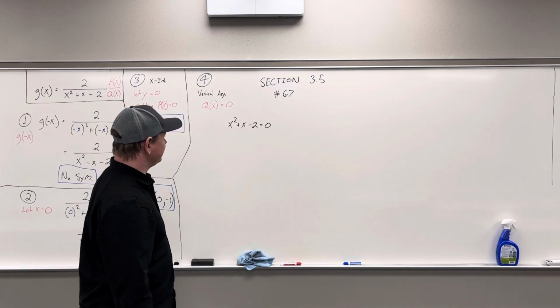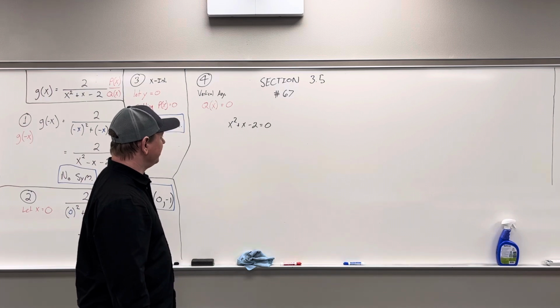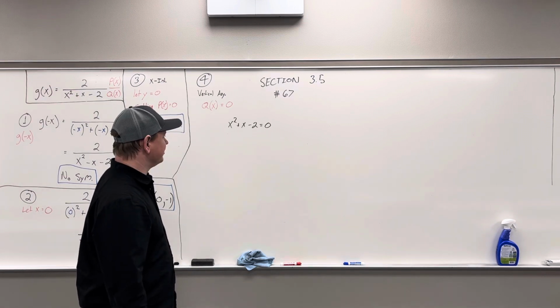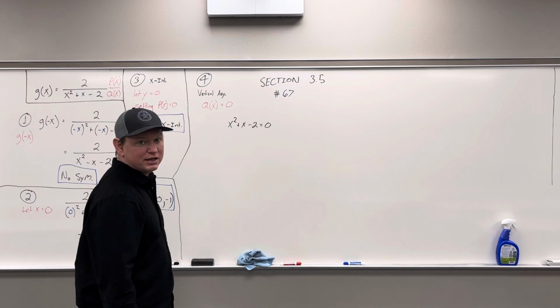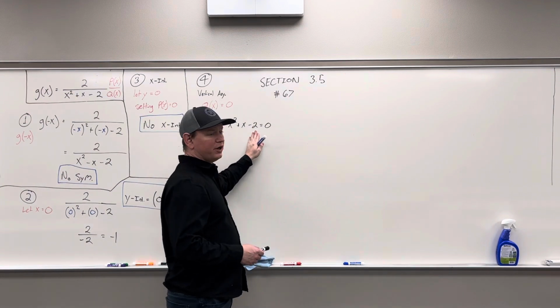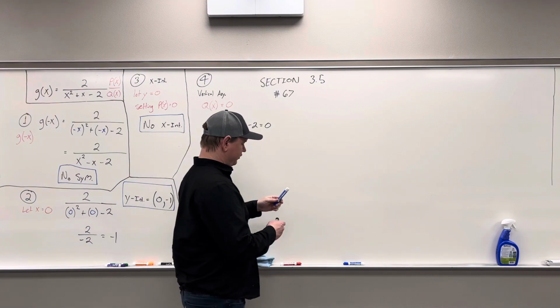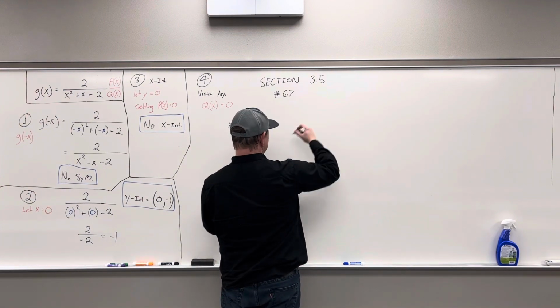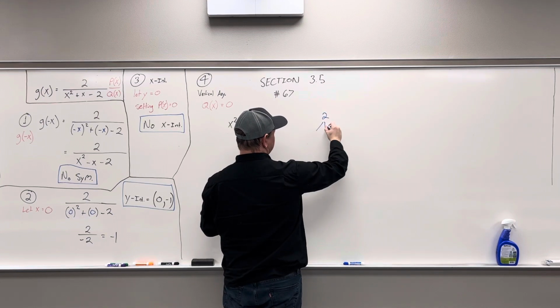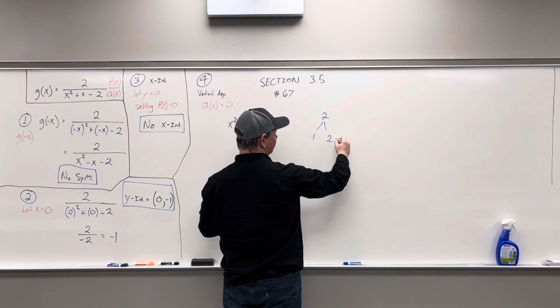So on this one, I am going to factor it for the sake of time. Does this one factor? And indeed it will, because you can think, what are the multiples of 2? Well, you only have a 1 and a 2, right?